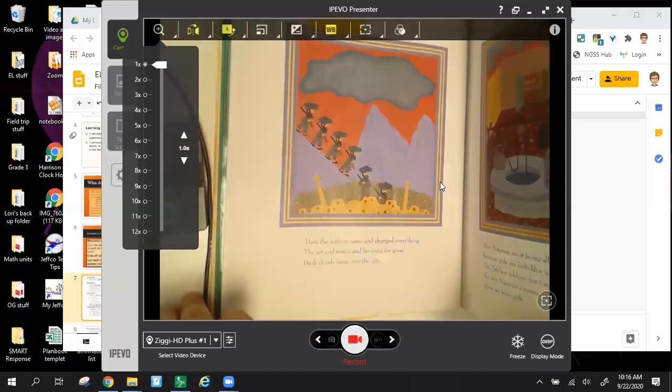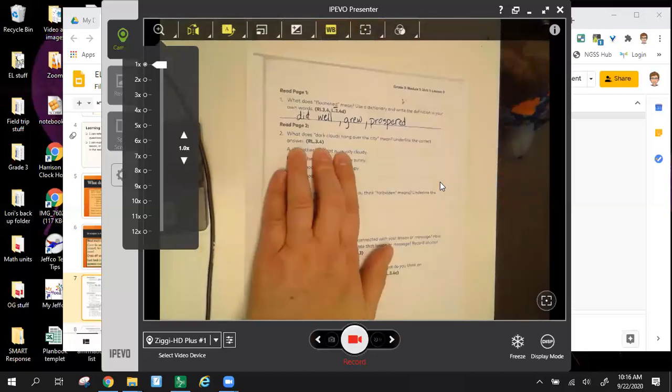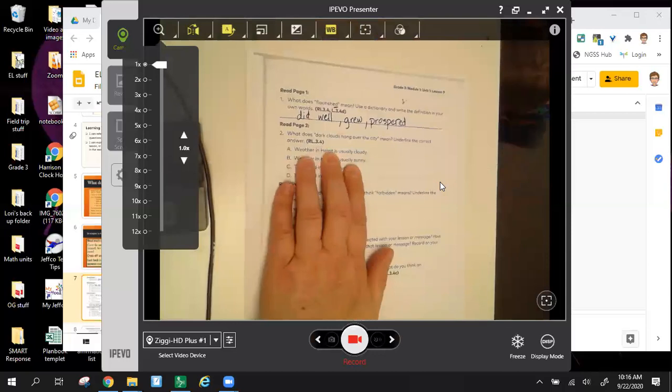Okay, now that we've reread page 2, we're going to read the question. First, we're not going to read the answers yet. We're just going to look at the question. What does dark clouds hang over the city mean?